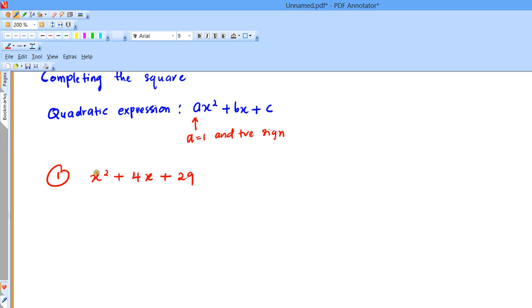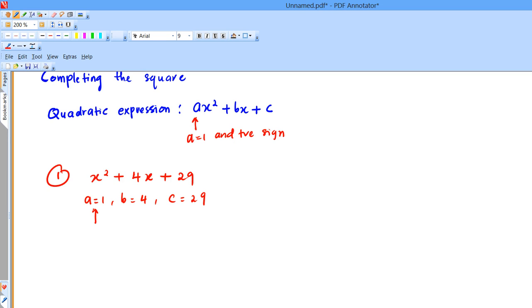If we compare this expression with the general form ax² + bx + c, we have a = 1, b = positive 4 and c = 29. So a equals 1 and is positive, which satisfies the condition to perform completing the square.